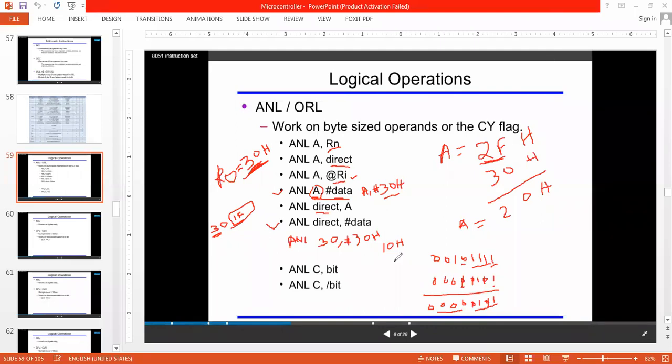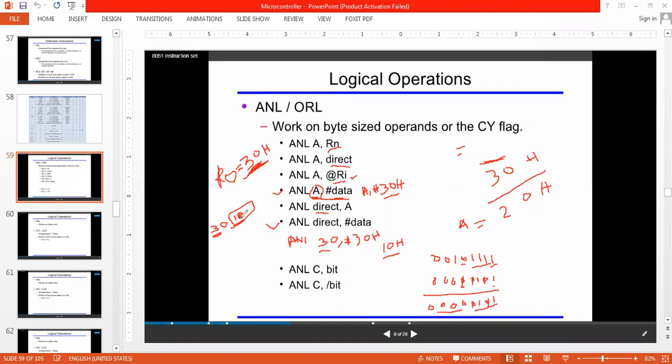So we will get 10H as the data, and that is going to be stored into the 30H memory location. In the 30H, so this is the memory address.